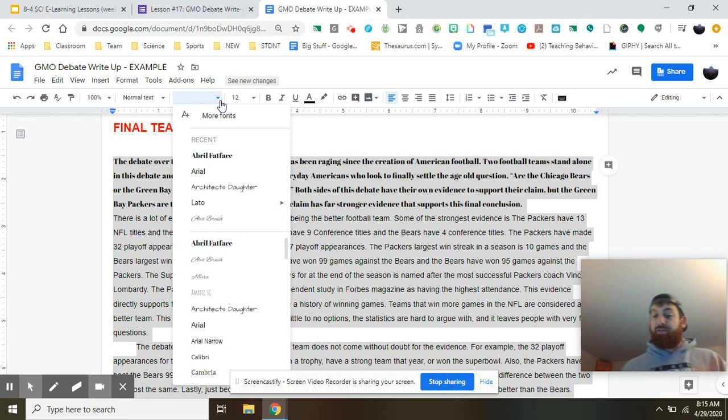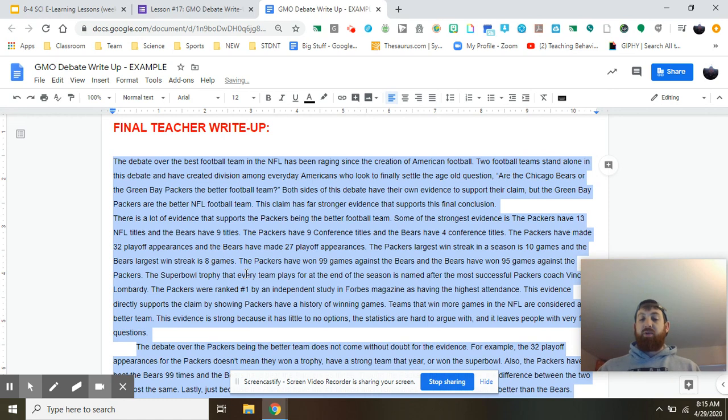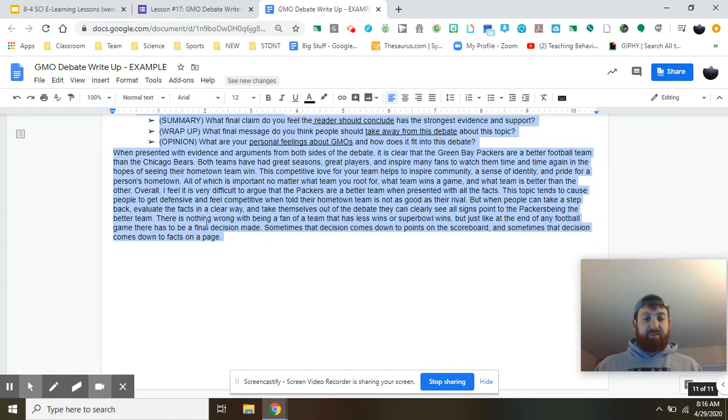If for whatever reason your font was different and changed, let's make sure that it is a readable font. Nothing fancy, nothing that needs to be bolded, nothing with swirls. Yes, sometimes simple is boring, but remember, part of having a professional write-up is allowing the people who are reading it to be able to understand it, okay? So we have same color, no shading, format in terms of size and font.